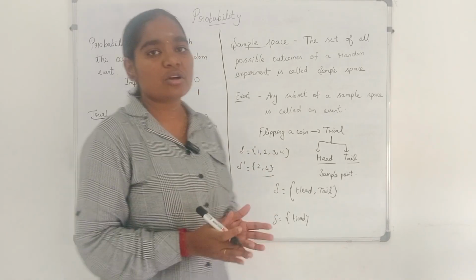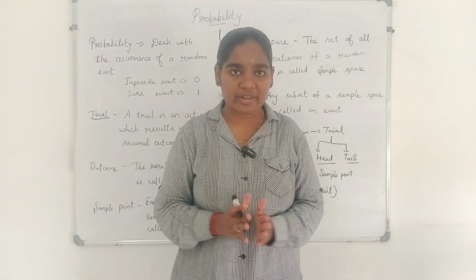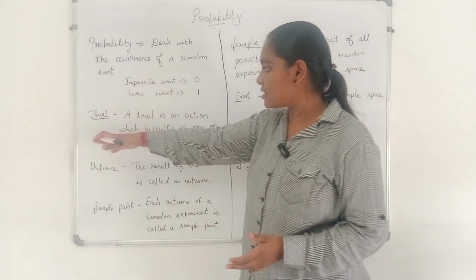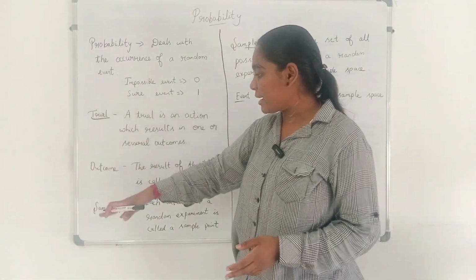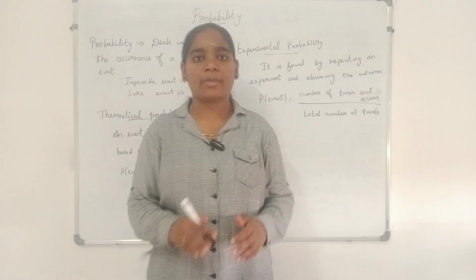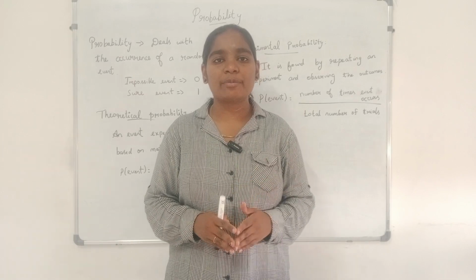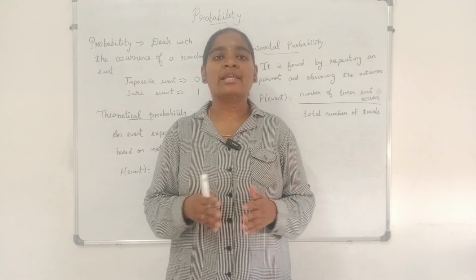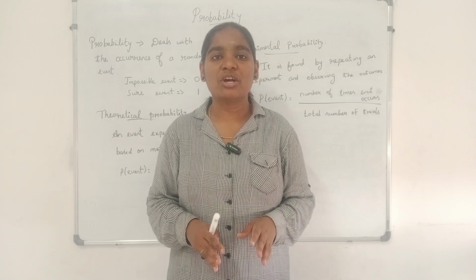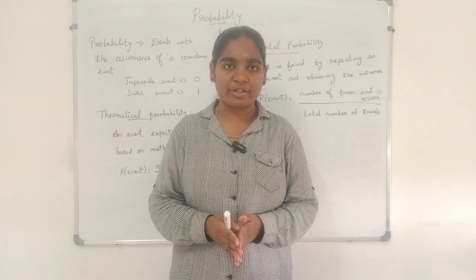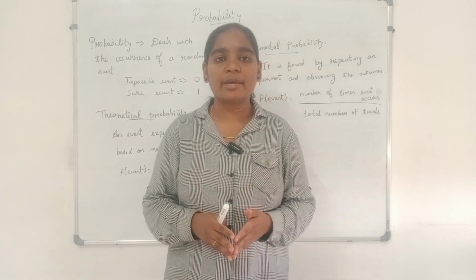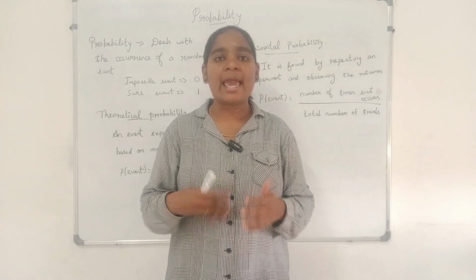So, probability means chance of occurrence of an event, and in probability we have several definitions to explore: trial, outcome, sample point, sample space and finally event. Probability is classified as theoretical probability and experimental probability. In theoretical probability, you find the outcome based on mathematics or based on the conditions given in the problem. Whereas in experimental probability, you find the probability of an event by doing the experiment.